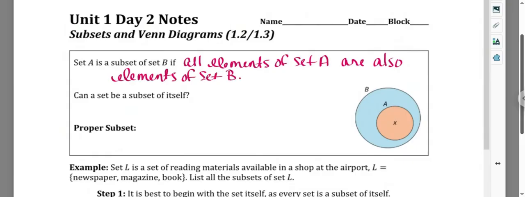So that's the rule of a subset. If the elements of whatever you've identified are also elements of the other set.